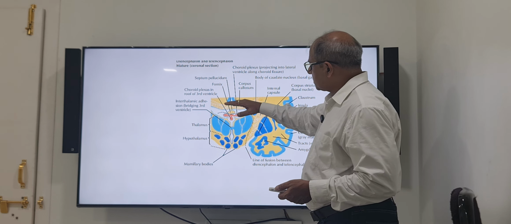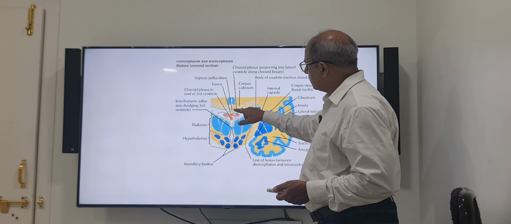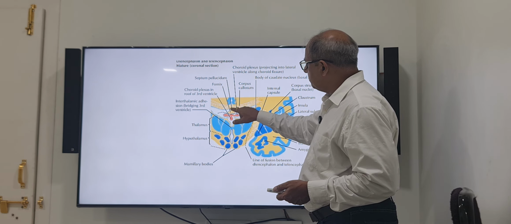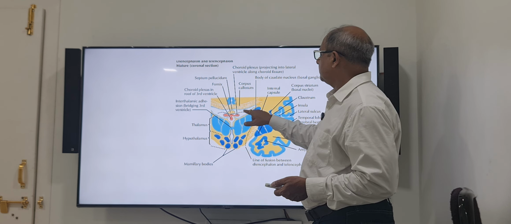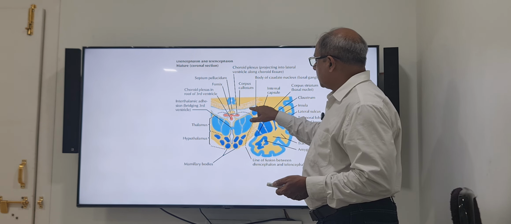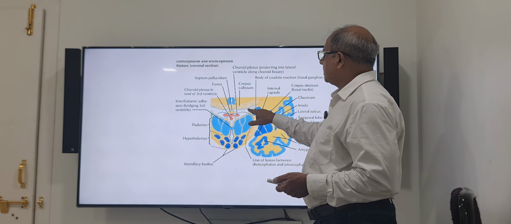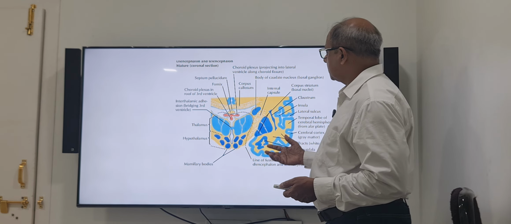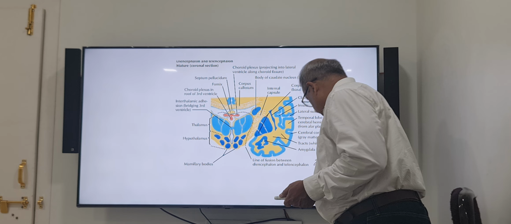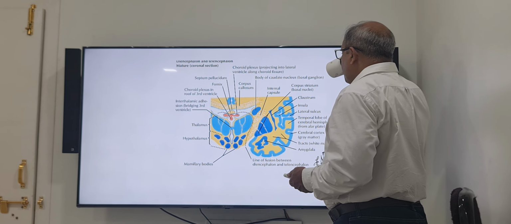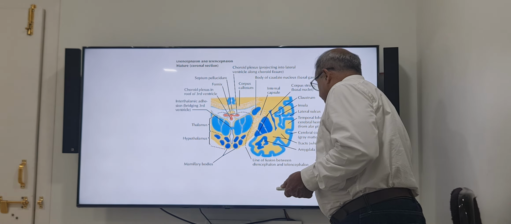And when you make a corpus callosum, there will be a formation of a membrane below the corpus callosum which divides the lateral ventricles. The lateral ventricle becomes 3 parts, that is anterior horn, temporal horn, posterior horn.